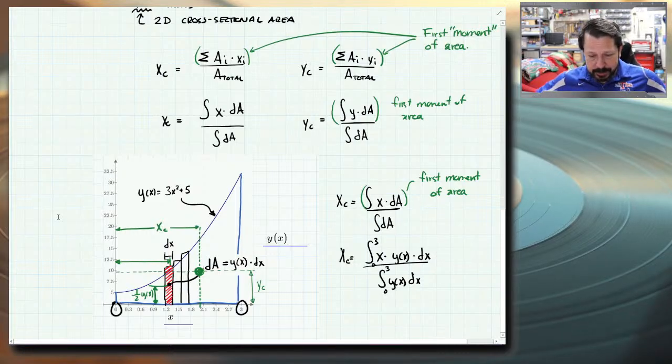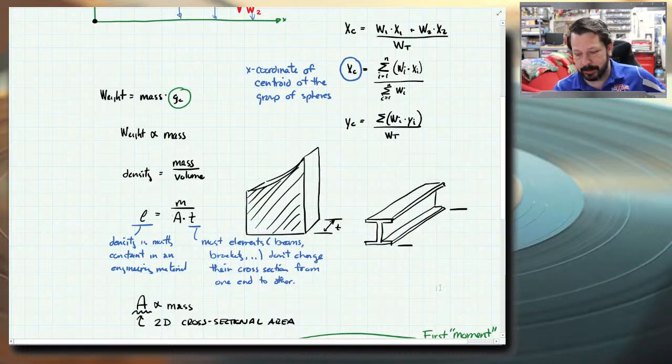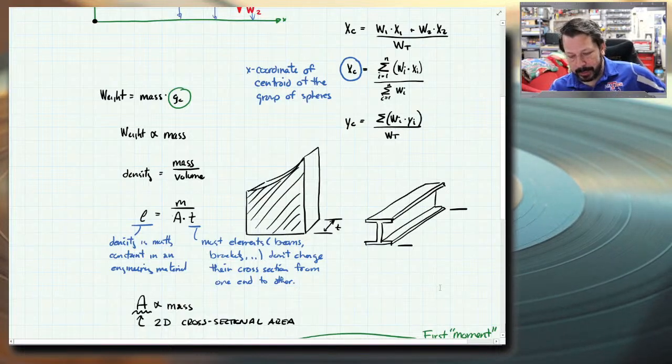Do you always go in and integrate every little shape? Say you actually were working with one of these I-beams. Do you go in and try to create an equation that describes the I-beam cross-section? I suppose you could, but there is a simpler way.